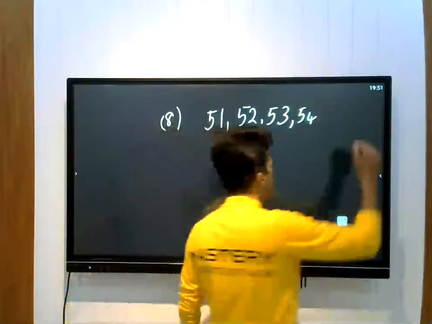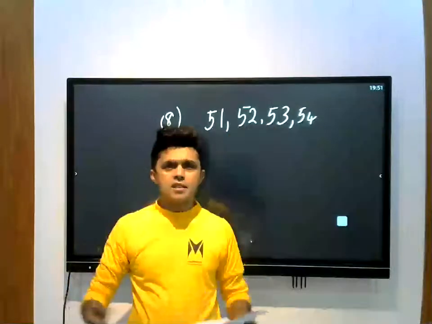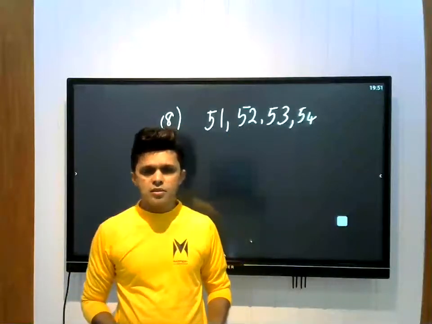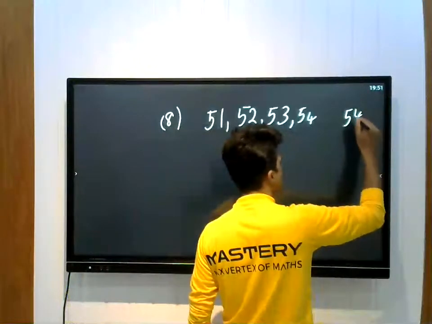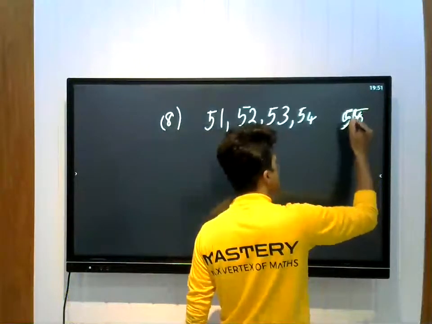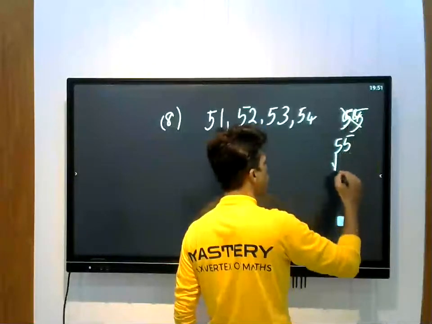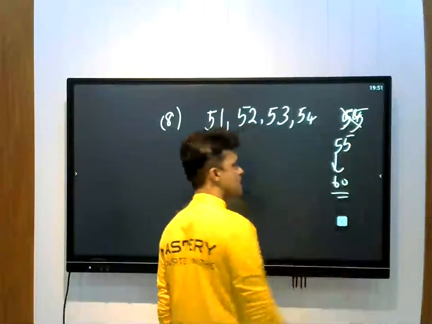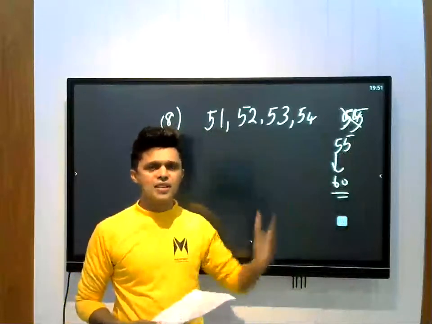We are able to write 55, but when you round this one, you get 60 here. Therefore, we don't write 55 here.